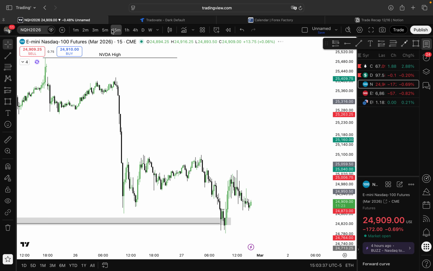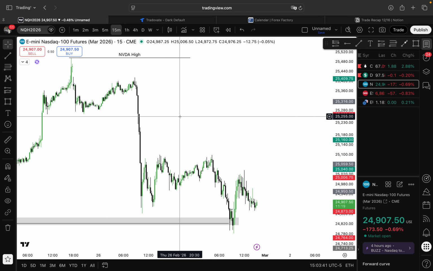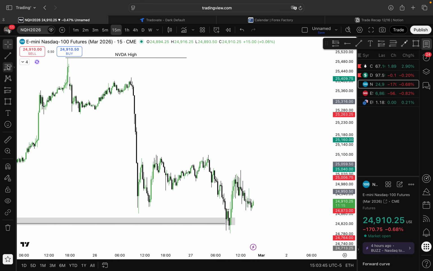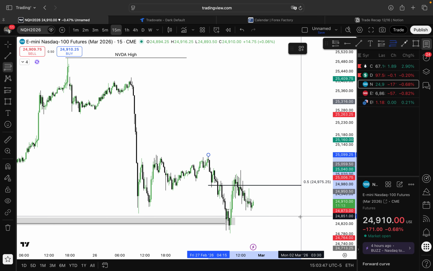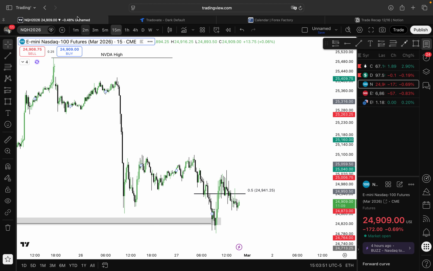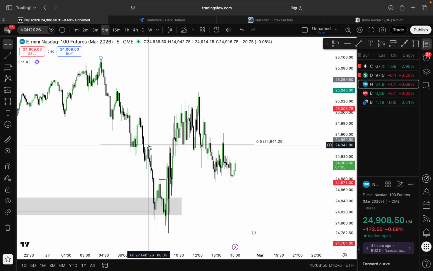So what I did was I just waited for 50%, a retracement of 50. That would have been your best option. And I don't know if y'all could see, but 50% also lines up with this swing high inside of this 5 minute fair value gap right here.